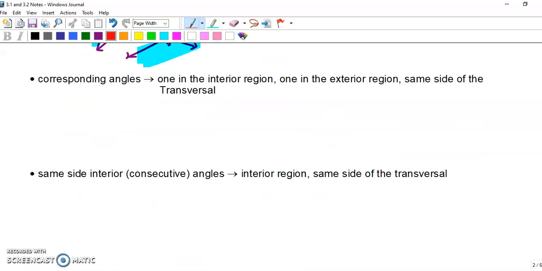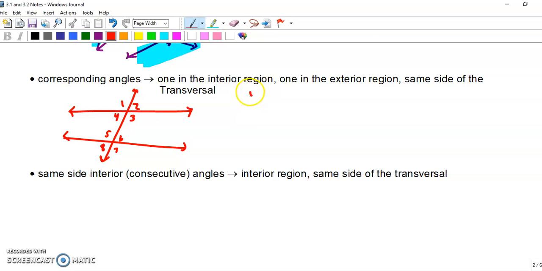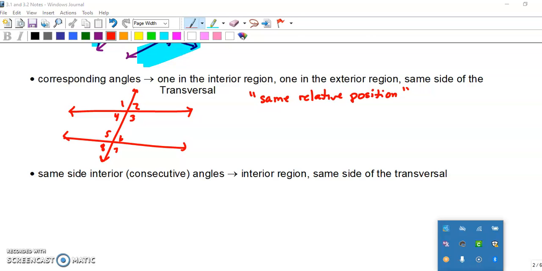Say we have corresponding angles. So in the picture we've got all 8 angles. Corresponding is what I usually like to say, same relative position comparatively in the two intersections, like upper left or lower left or whatever.